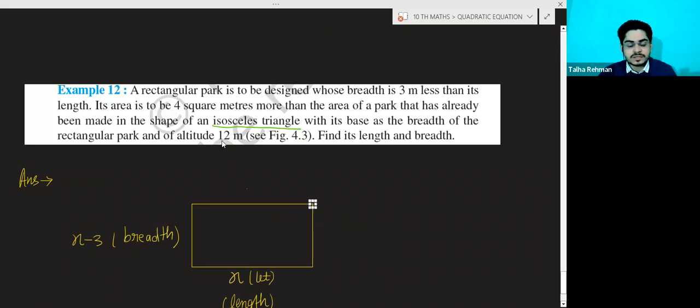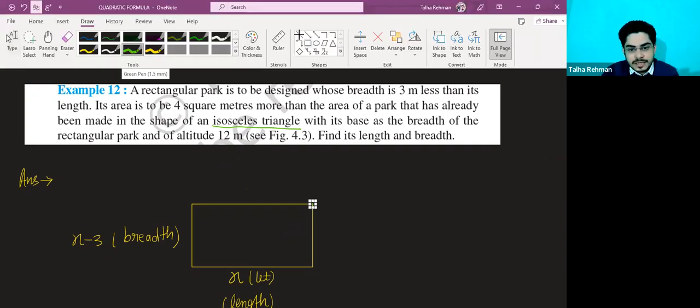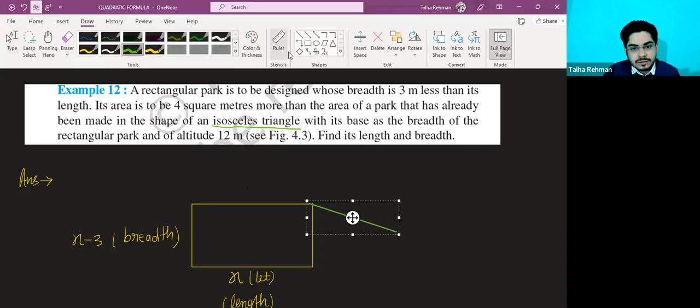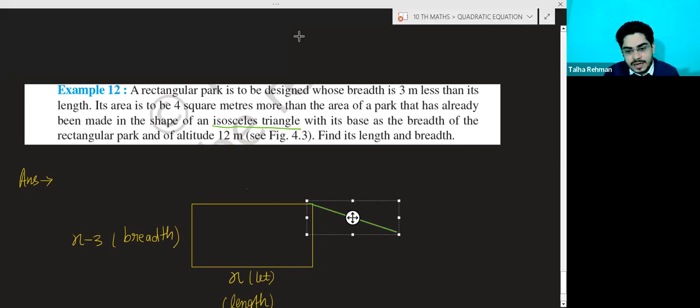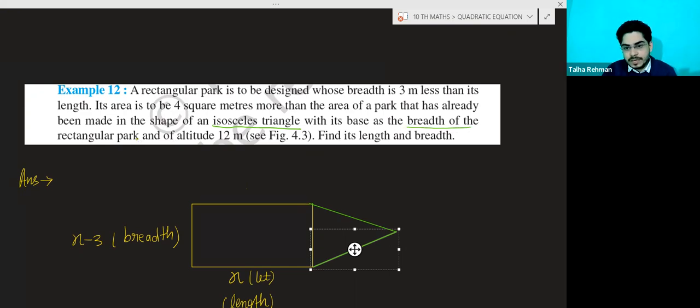The meaning of this statement is like this. The other park is in the form of a triangle, an isosceles triangle, and the base of that triangle is the breadth of the rectangular park.